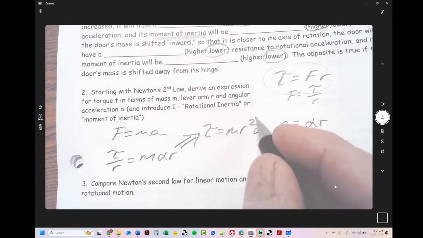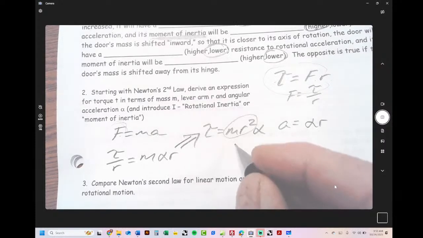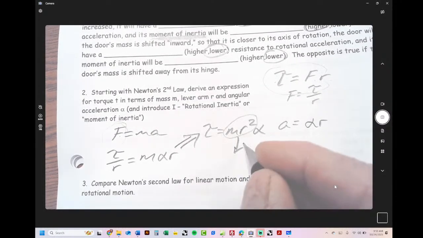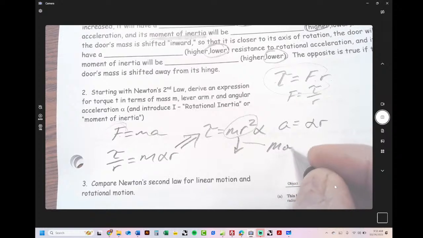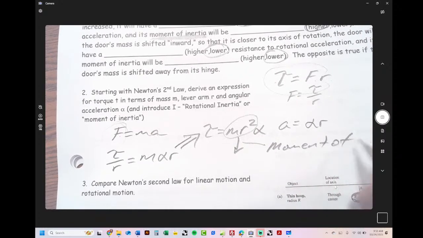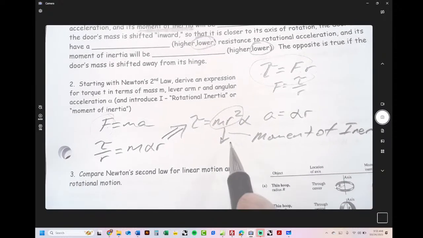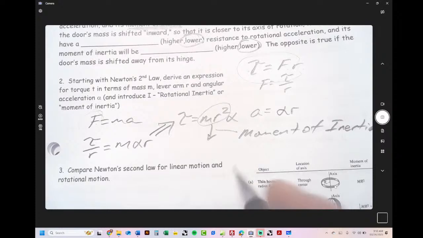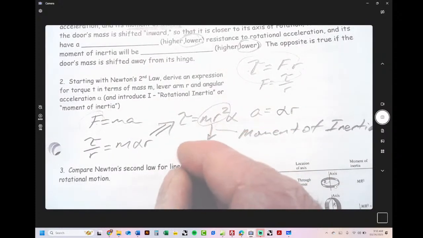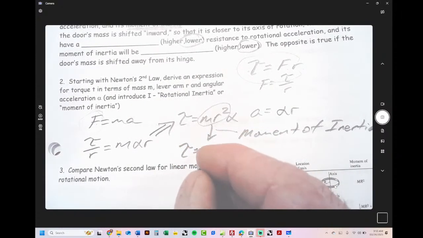And this is the moment of inertia. That's the simple formula for calculating the rotational inertia of an object. But we don't write it that way usually, unless it's convenient for some sort of calculation.